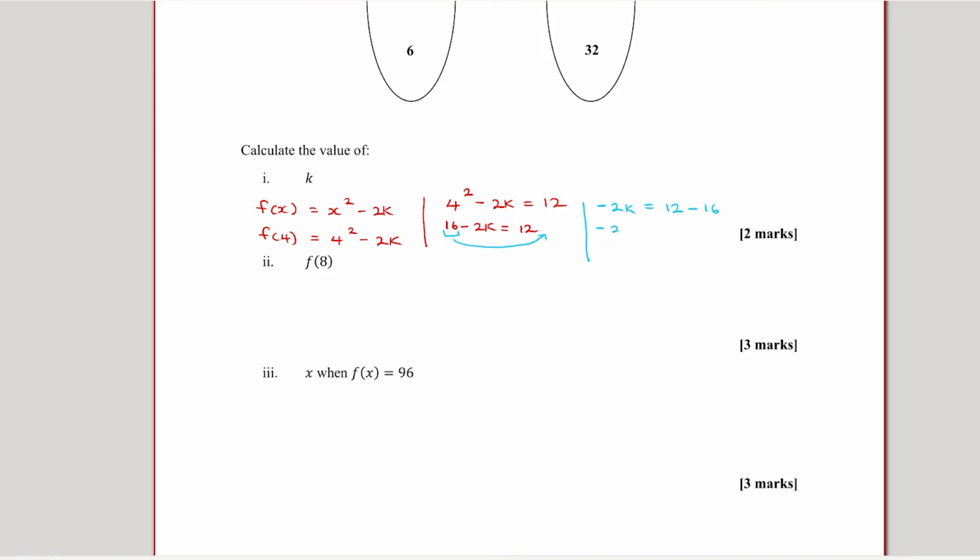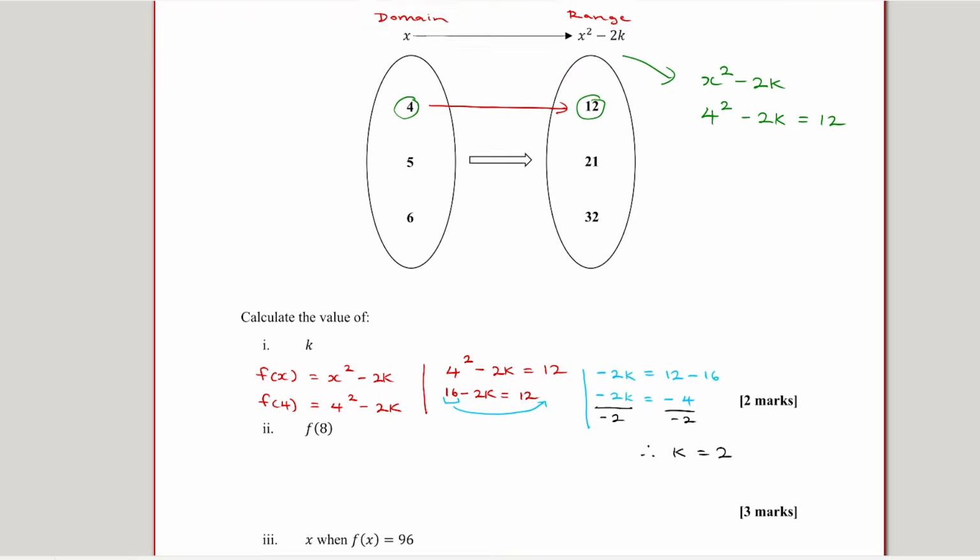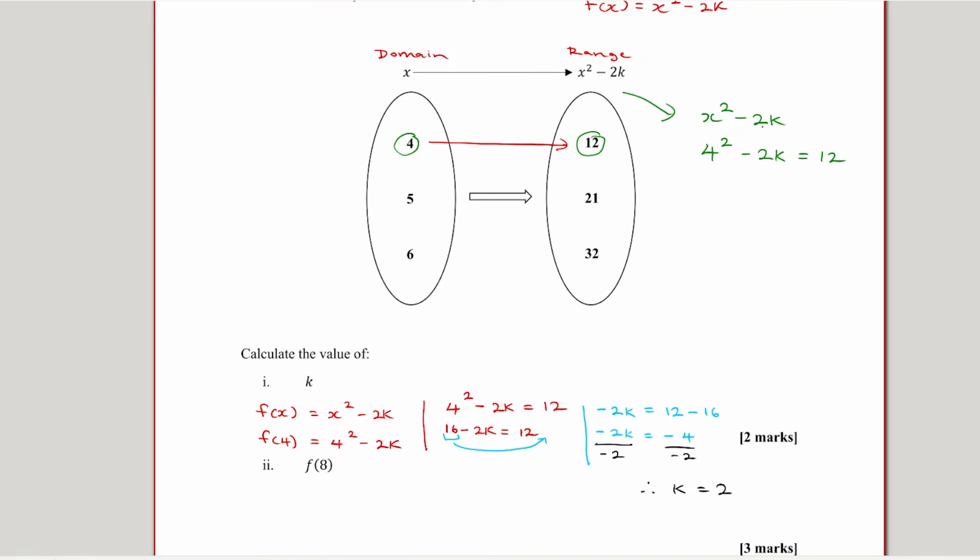So now minus 2k is equal to negative 4, and we all know where to go from here. From this point, we simply divide by negative 2 on both sides. Then we can say, therefore, k is equal to positive 2. And we can test that theory.